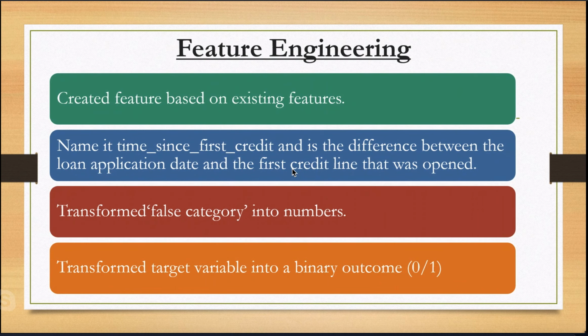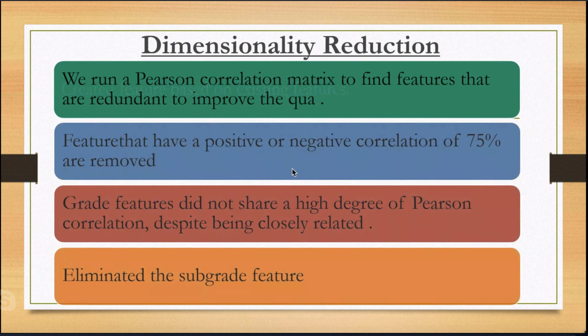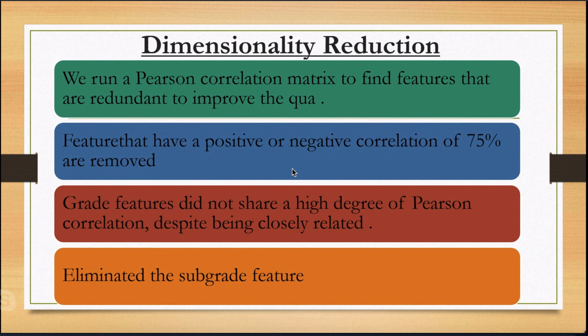For feature engineering, we created a feature based on existing features, named time since first credit. We calculated the difference between the loan application date and the first credit line that was opened. We transformed the target from a categorical into a number, 0 and 1. 0 is people who are going to default, and 1 is people who are not going to default, so it's good to lend to them.